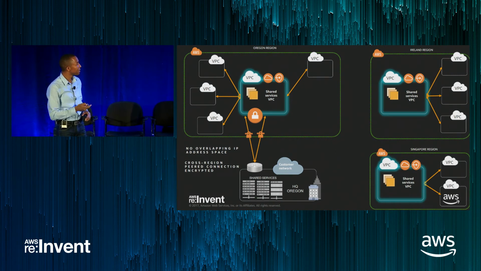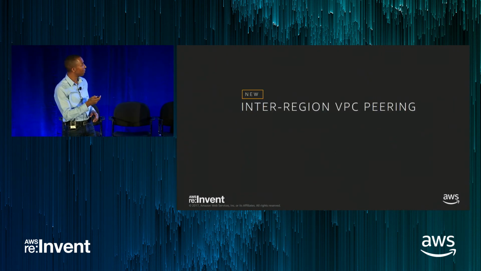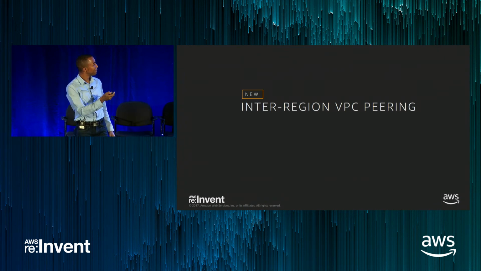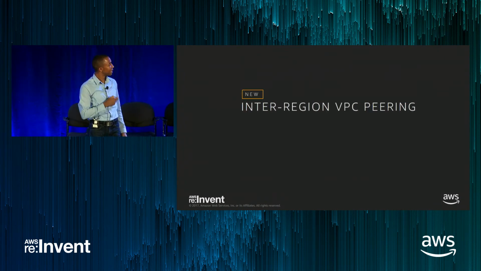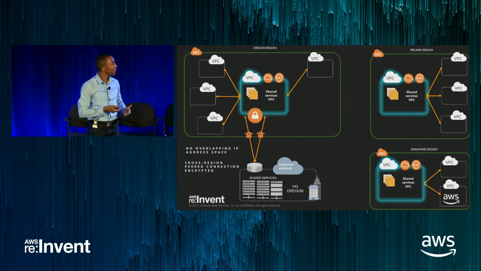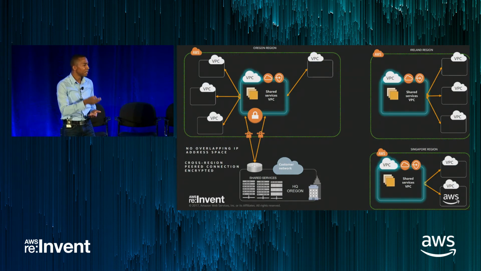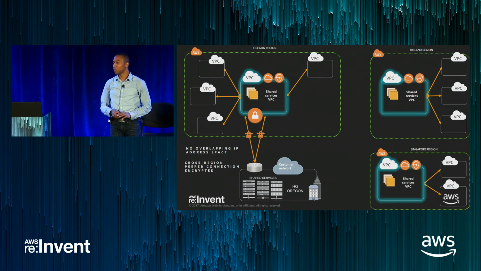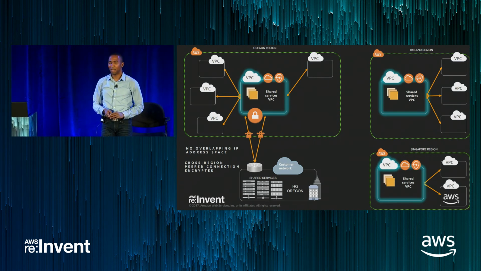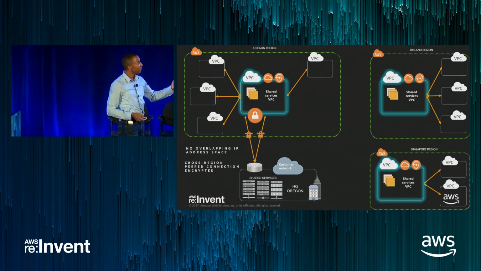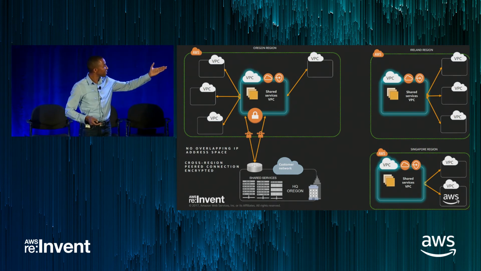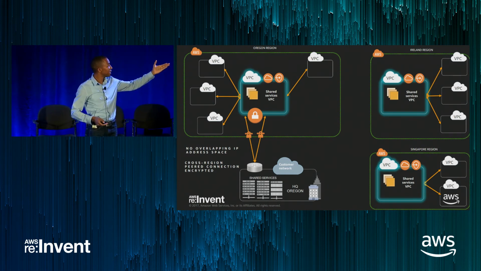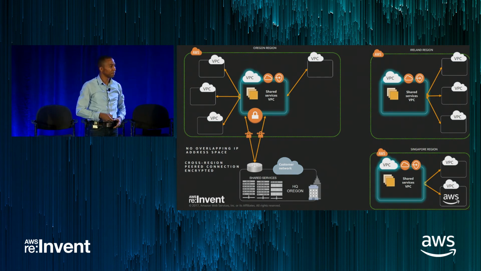The limitations still exist, however. The limitation of transitive routing still exists, right? So how do we fix that? How do we solve for that? How do we simplify that? I may not want to associate one VPC with my data center, right?